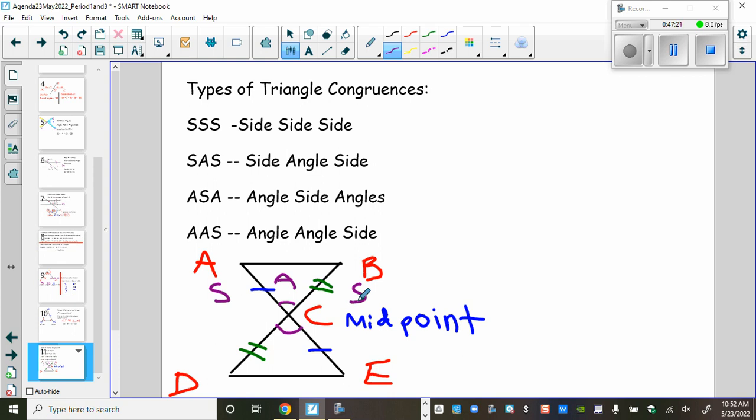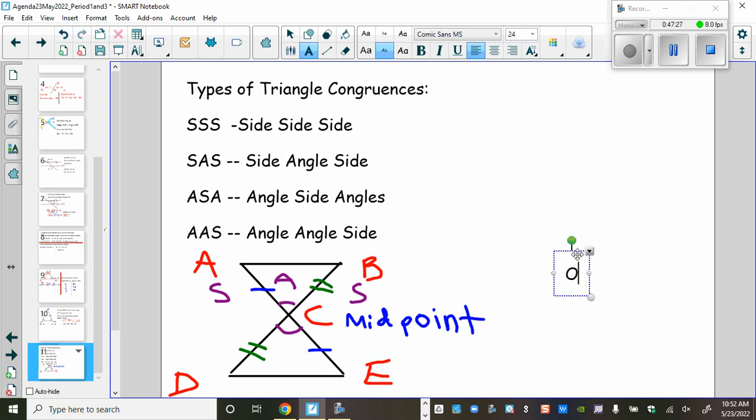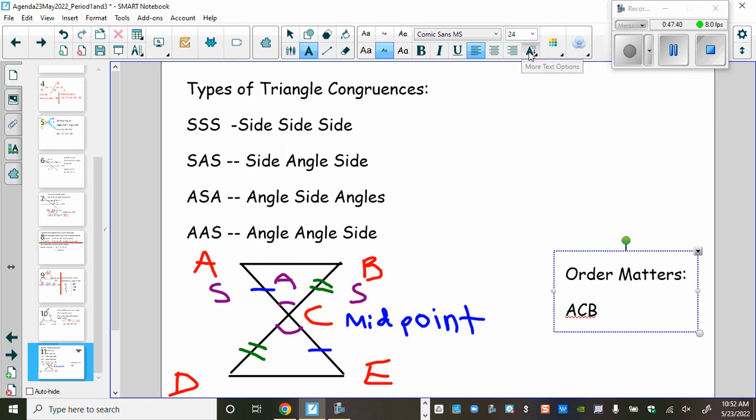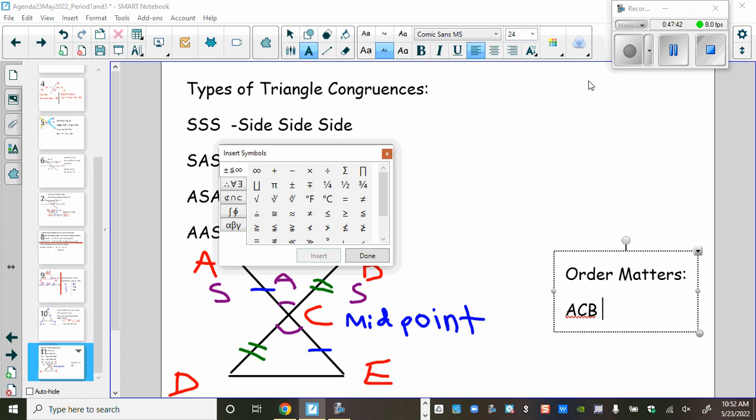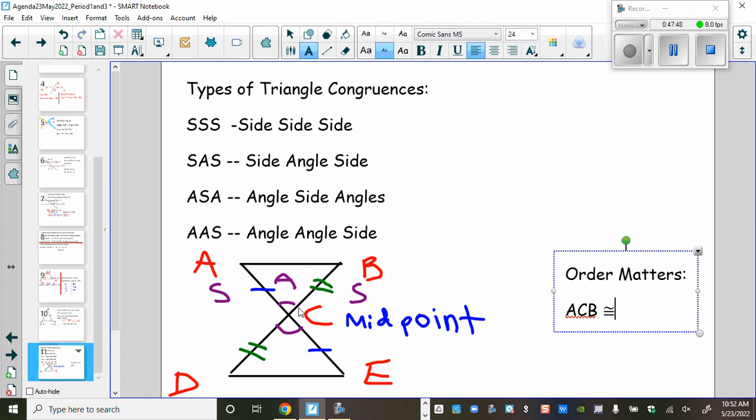Now also, order matters too. The first triangle, let's go ACB. How must I order the second triangle?